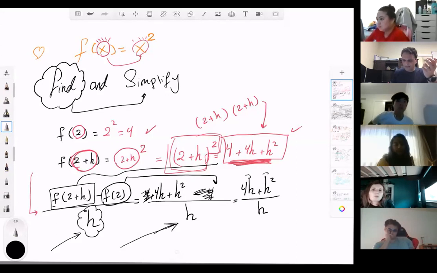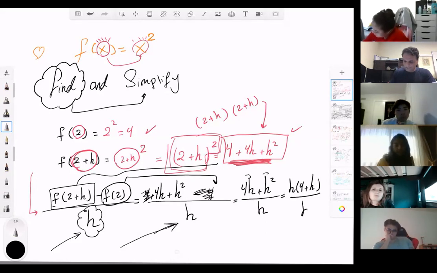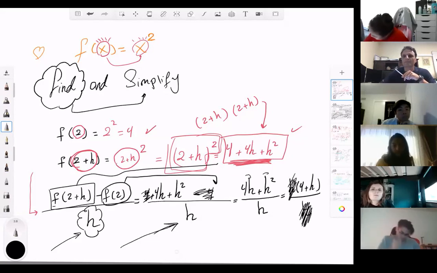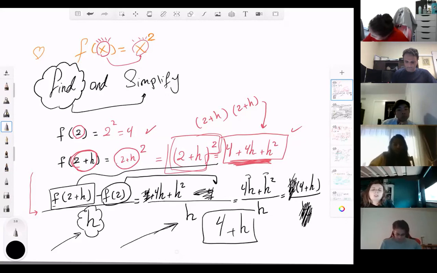We can factor the h. We get h times 4 plus h, divided by h, so this h and that h will go away. If it goes away, the final answer will be 4 plus h. So this is the final answer.